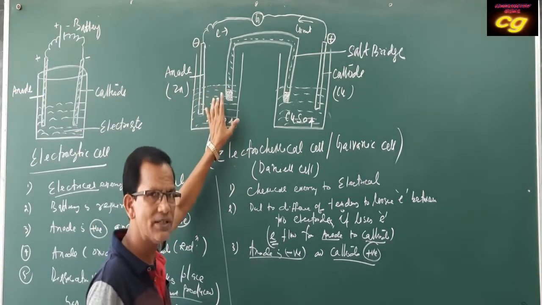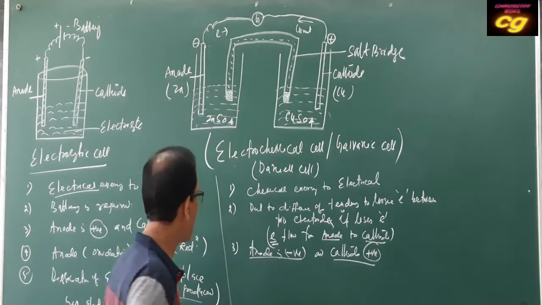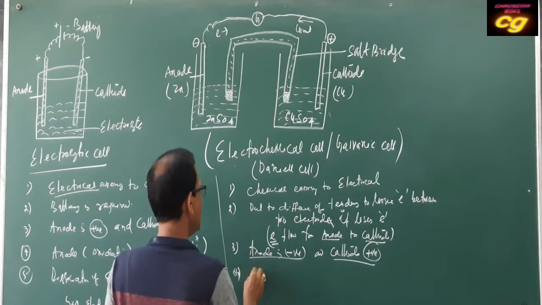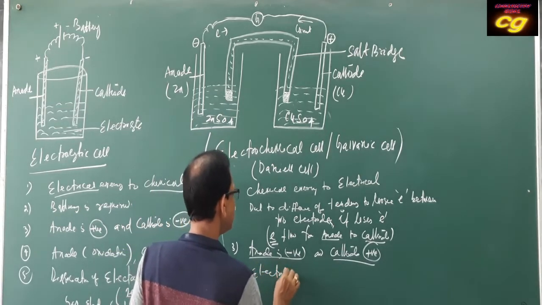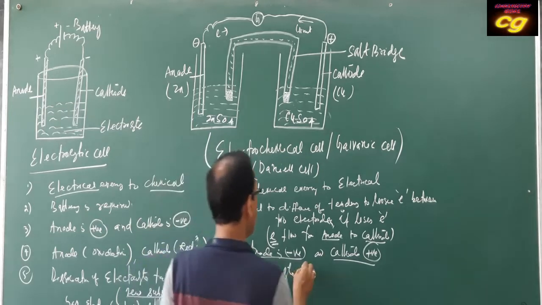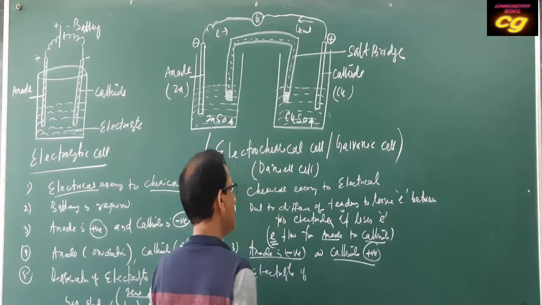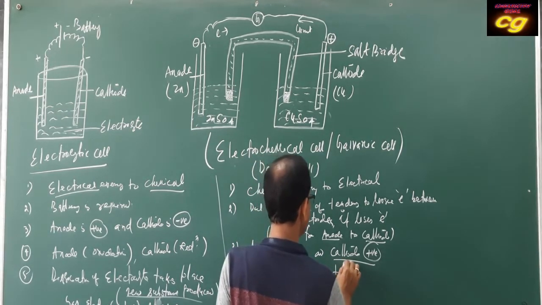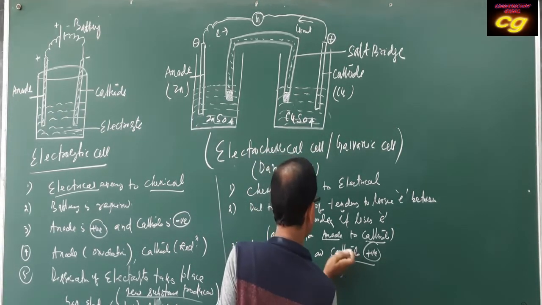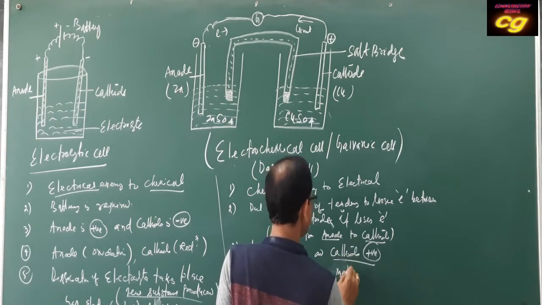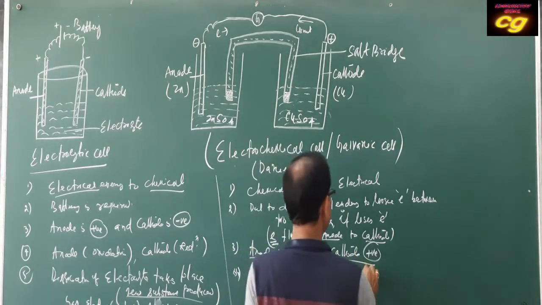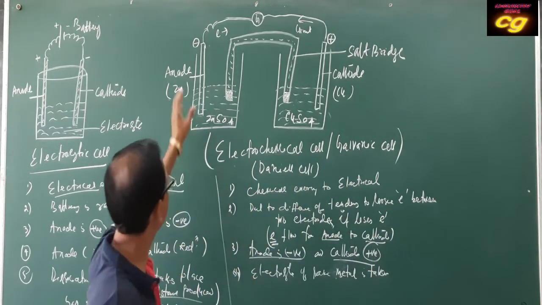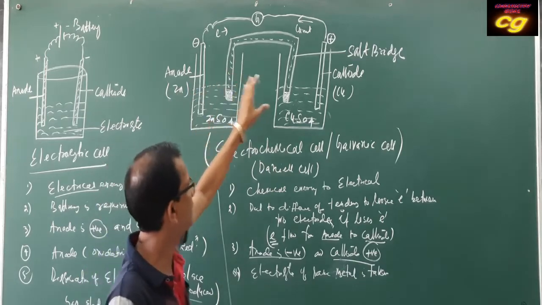And here also electrolyte is required, in both. Another thing is important: the electrolyte of the same metal is taken. For example, zinc sulfate and copper sulfate.